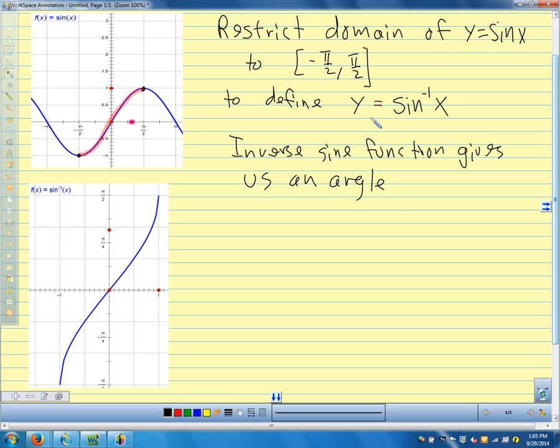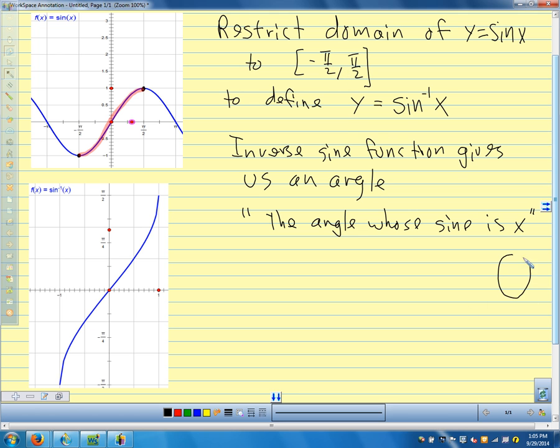We can think of y equals inverse sine of x as the angle whose sine is x. So when we're trying to find the inverse sine of a number, we want an angle whose sine is x. And our angle has to be between negative pi over 2 and pi over 2.